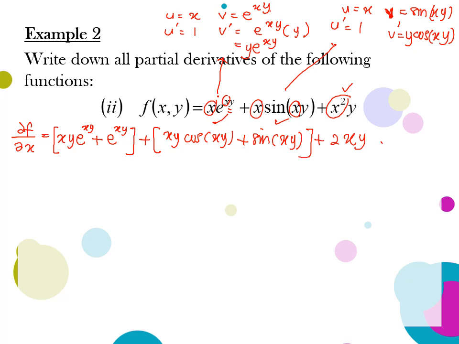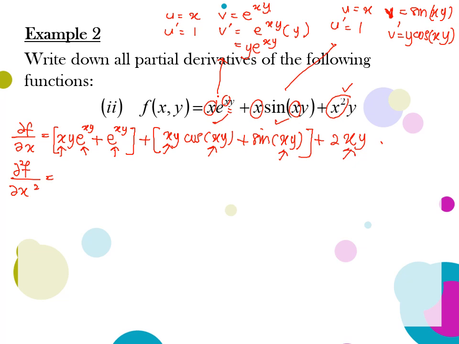Okay, so if you want to perform the second derivative directly, you need to repeat this again and again. Okay, concentrate on x. So you have x here and here, you have x in here, and you have x here and here.